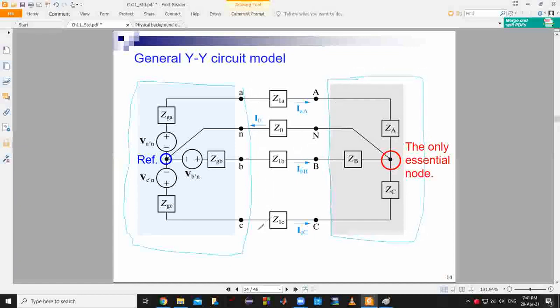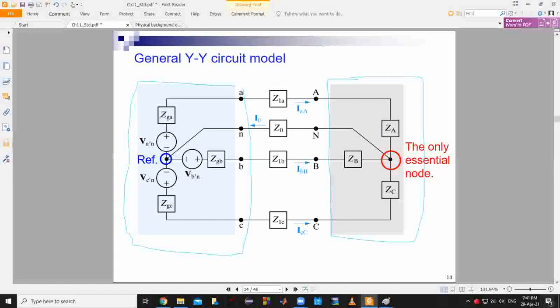And this in the middle is the transmission line. So here we have the source with its internal resistance. Each voltage source has its internal resistance, and this is the line, the transmission line, and this is the load.